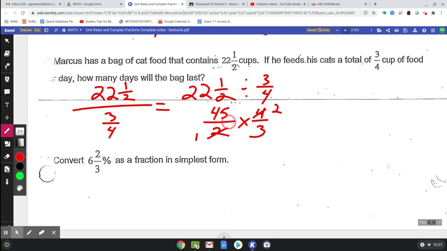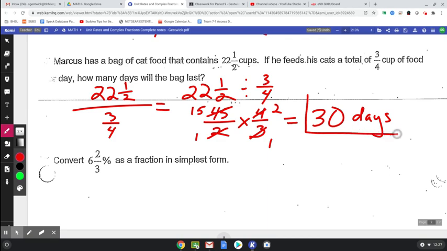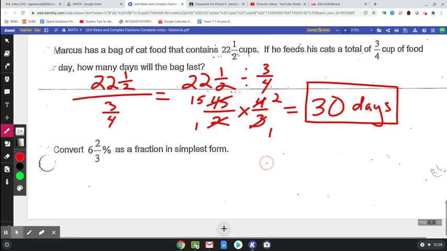The 3 and the 45, I can divide those both by 3. That would be 15. 15 times 2, that dog food is going to last 30 days, Marcus. Because there's 30 3/4s in the 22 and a half cups. It's like if you split it out into servings, you'd have 30 servings.